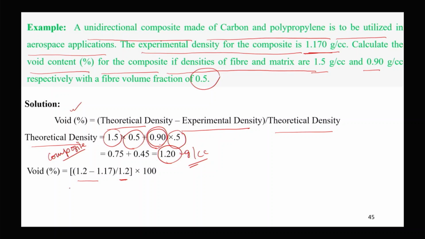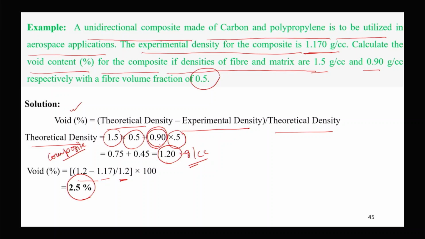So 1.2 is the theoretical density minus 1.17, the experimental density, divided by 1.2, and from there we can get the void content. 2.5% is the void present.